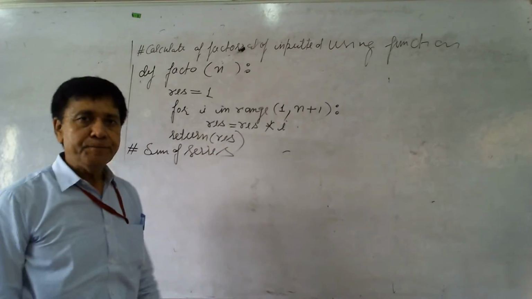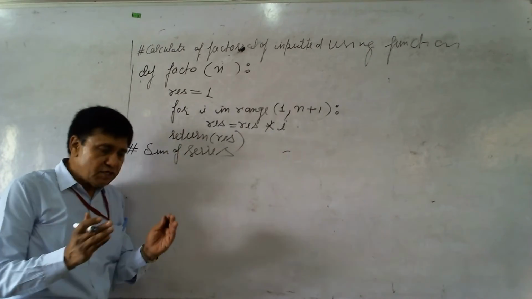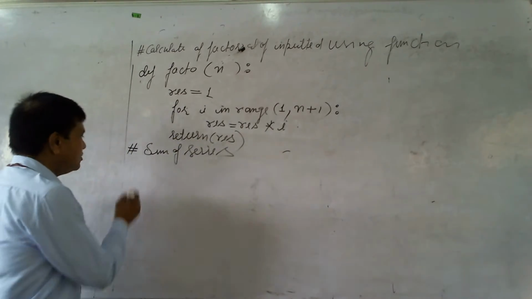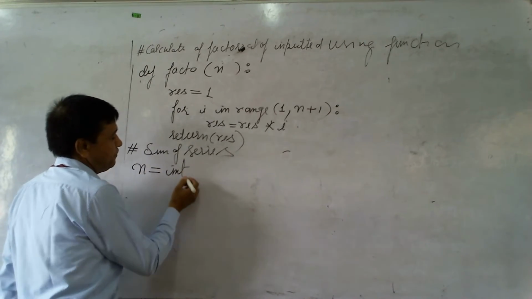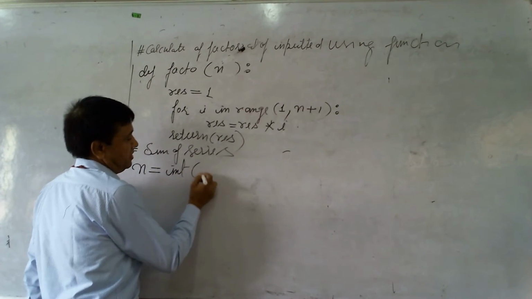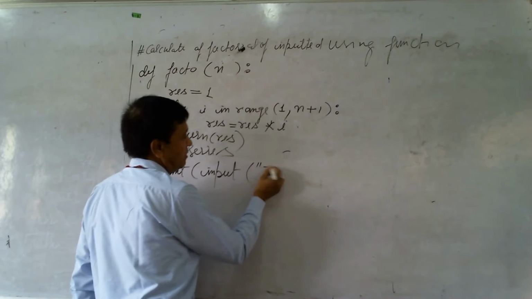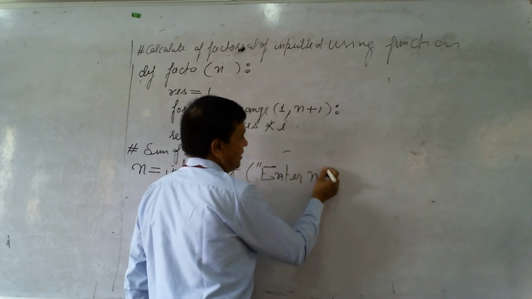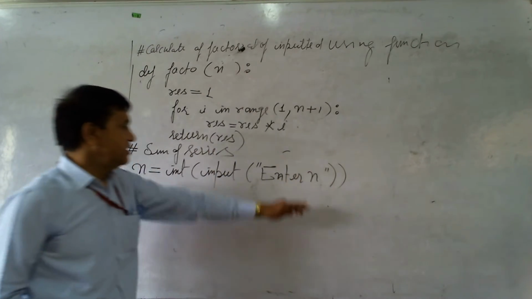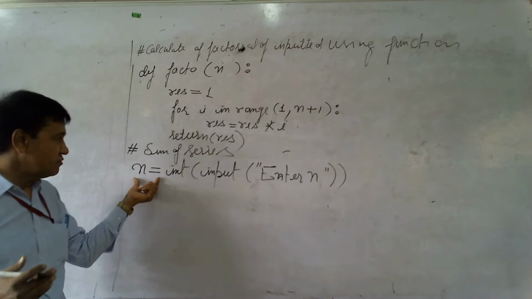Okay, so in this case, first of all, input the last term of the series into this n variable: n equal to int, and this input, enter. This is the input statement to accept the value of n, the last term of the series.